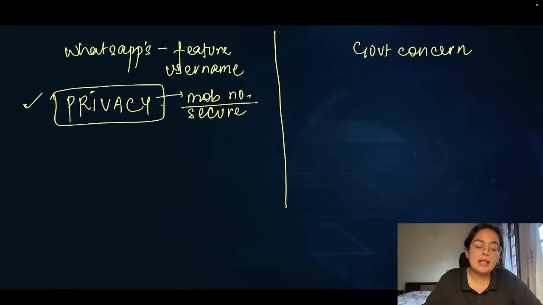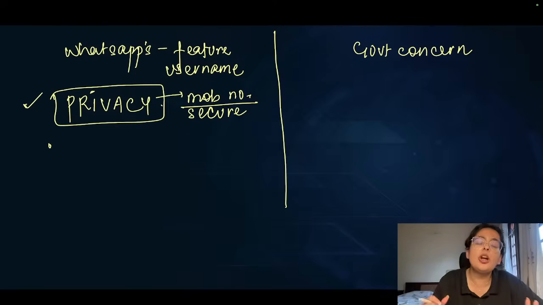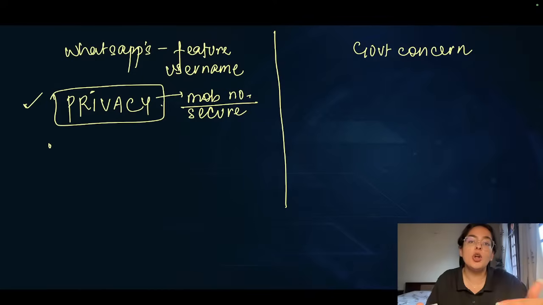That is why they say that usernames, like how we do in Telegram, should be the way to communicate. WhatsApp says don't worry, we will not have a public repository where you can go and search for usernames. Only if you know someone's username, if they have shared it with you, will you be able to communicate.